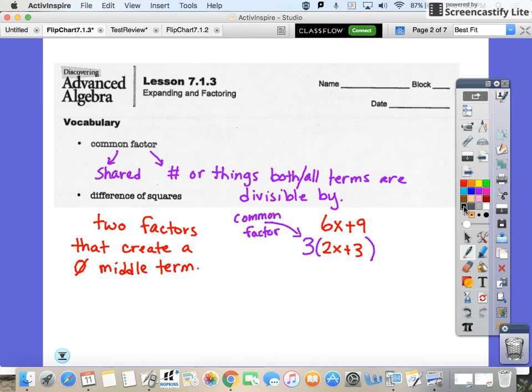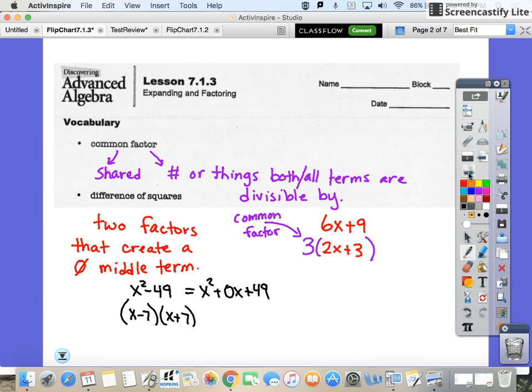So what you might see is x squared minus 49. That's a difference of squares because you can break this into x minus 7, x plus 7. When you FOIL those out, you get back to this where there's a zero term. This is basically x squared plus 0x plus 49.